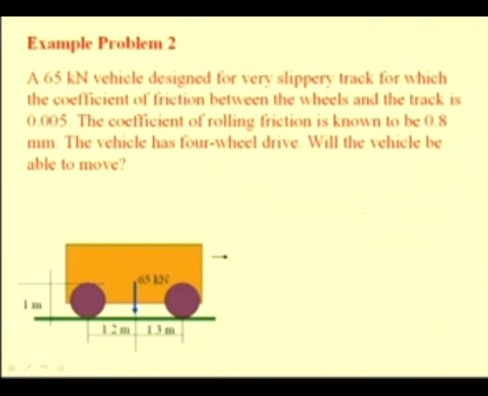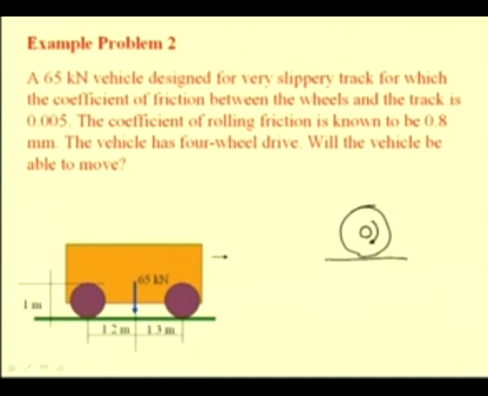This can be seen by considering this picture of the wheel, and let us say this is the axle on which this vehicle is supported, and we have the track. So, this wheel is developing a moment, or the thrust, in order to propel this vehicle forward.